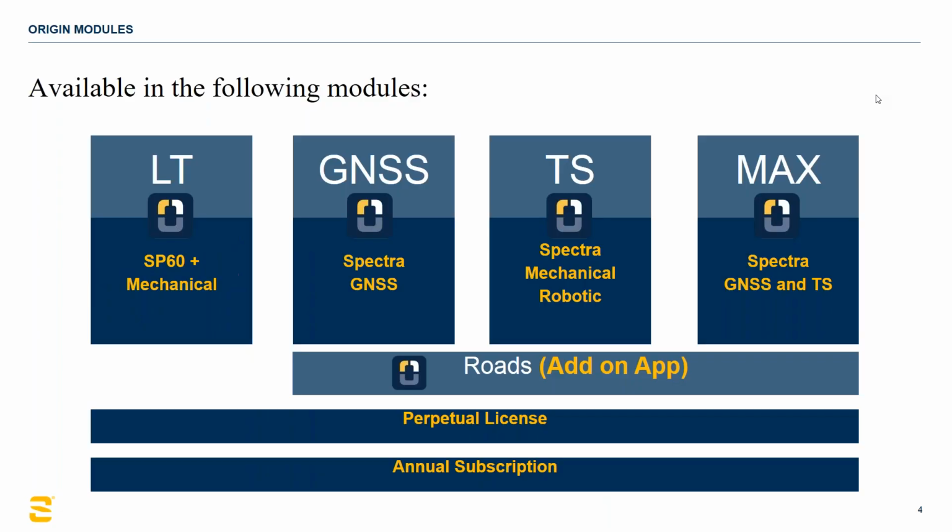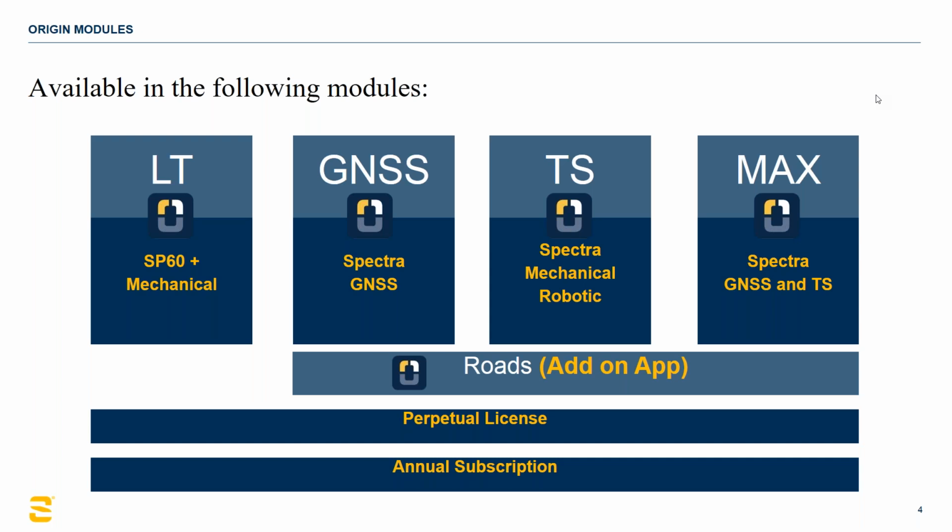So off we go. I really like this slide. I think it's very graphical and outlines exactly how the software is organized from a purchasing and from a modular point of view. It can be strictly mechanical robotic, it can be strictly GPS, or it can be a combination of both.